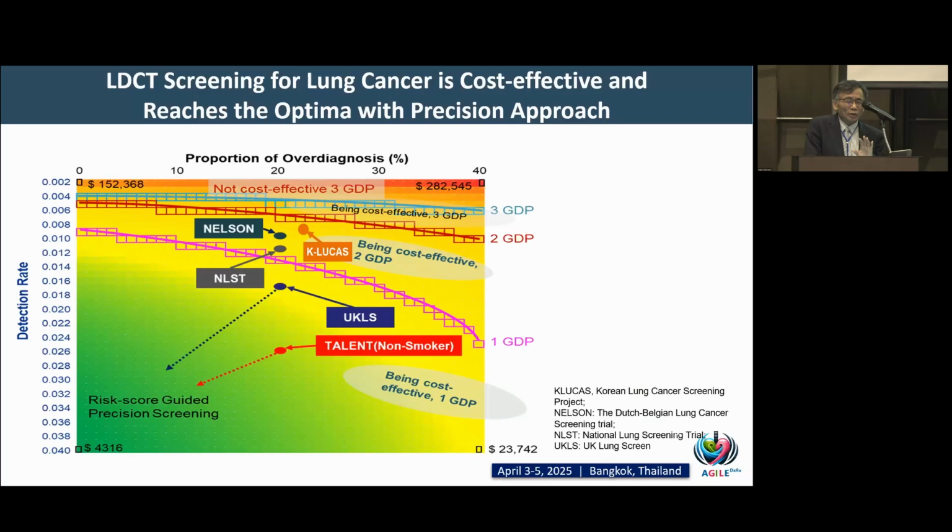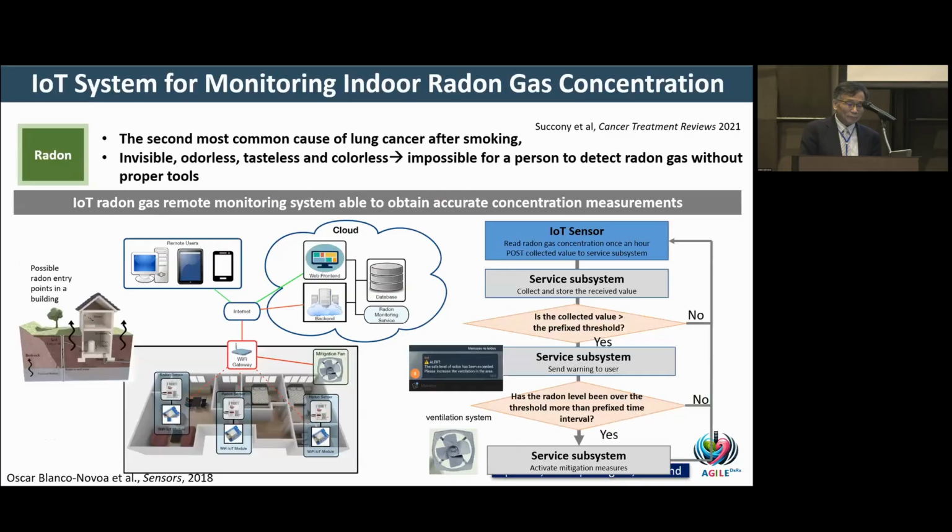But generally speaking, from shared decision making, they like to see that even the NLST and Nelson are cost effective within the GDP affordable range. And not to mention, if you use a risk base, then you can be very cost effective within 1 GDP as well. So I think if we add the big three into the screening program, it would be very efficient compared with this analysis. So this is what I think.